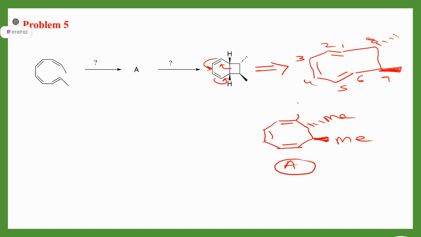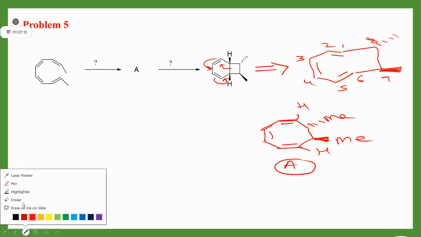Here the hydrogens are opposite. Let me use another color to explain.